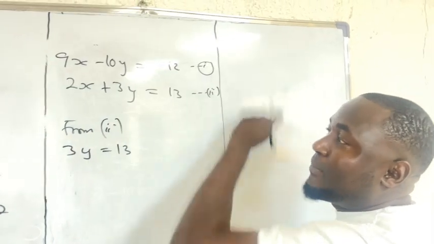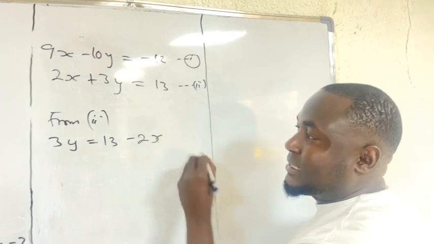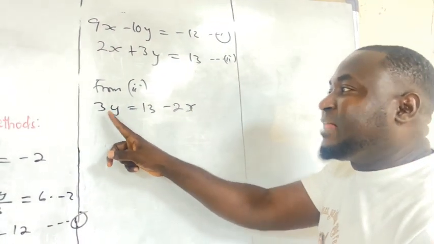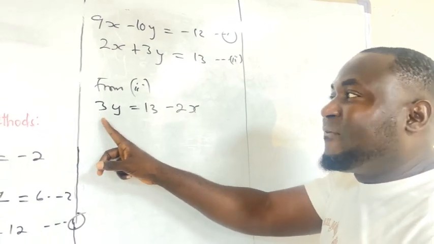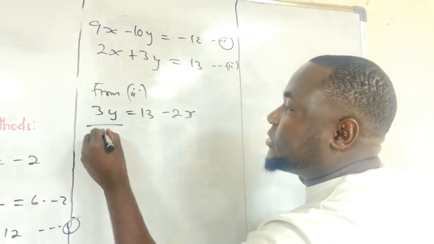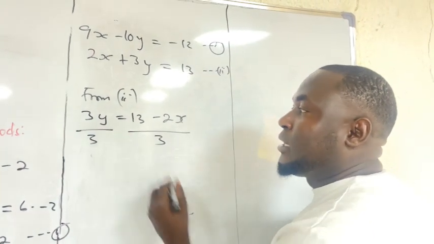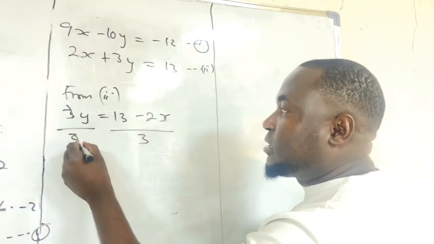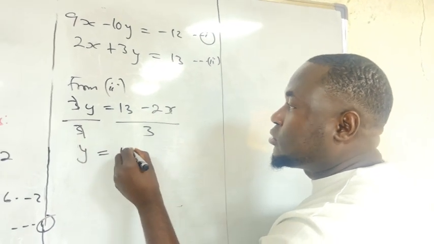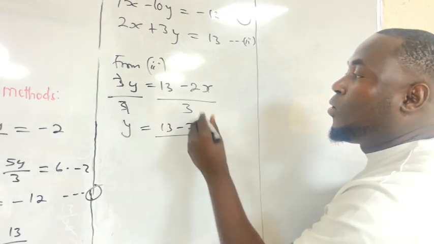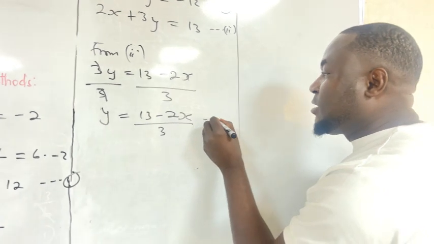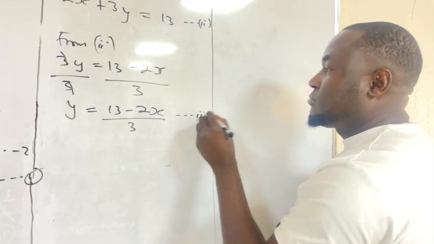When this 2x comes across, it becomes negative 2x. Now we are looking for y, not 3y. 3 is just a coefficient to y. So we divide both sides by the coefficient, which is 3. Now 3 is going to cancel. We remain with y is equal to 13 minus 2x over 3. So this is equation 3.